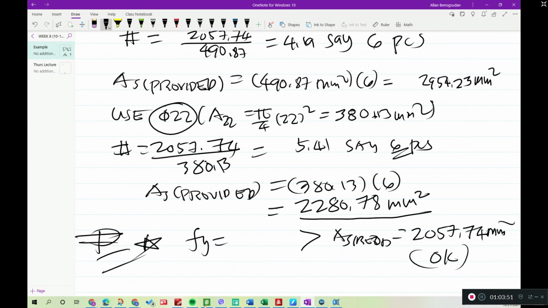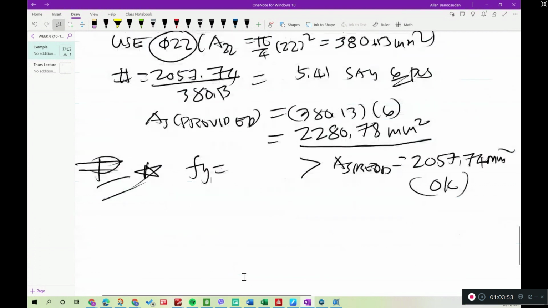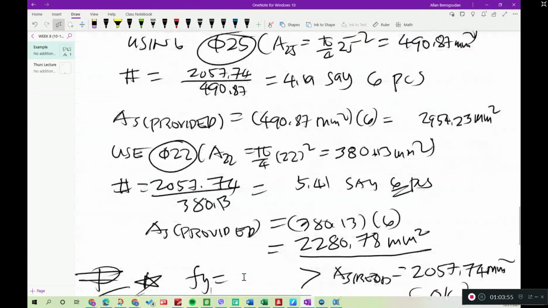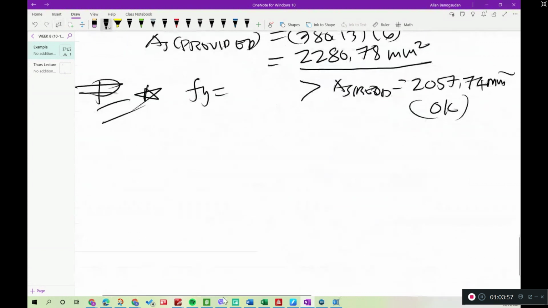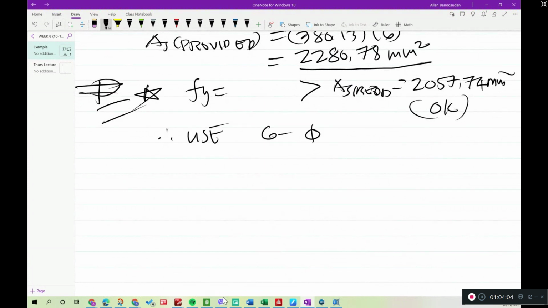So how do we end this part, solving for AS? You have to say, therefore, use 6-22 mm bars. Now, number 6. Once we are done with that, let us check the strength of the section.